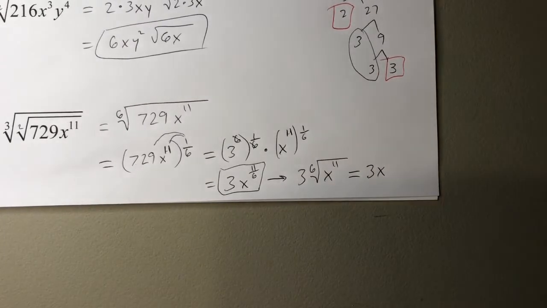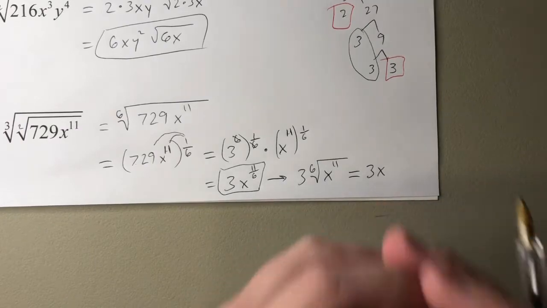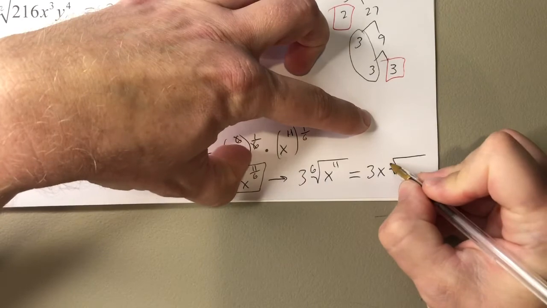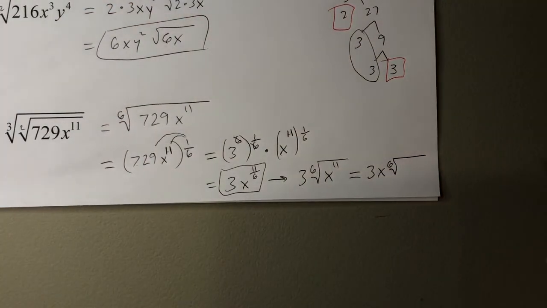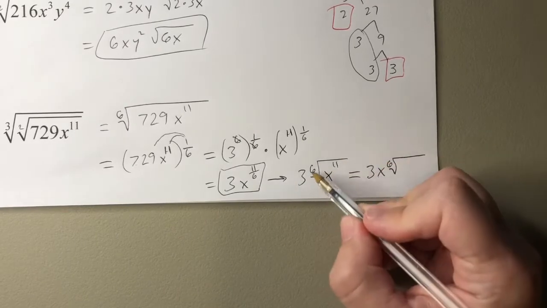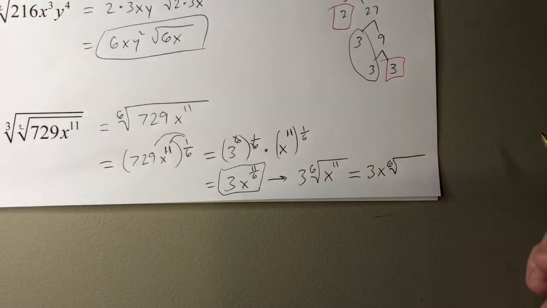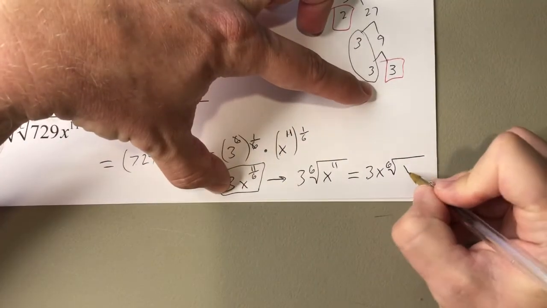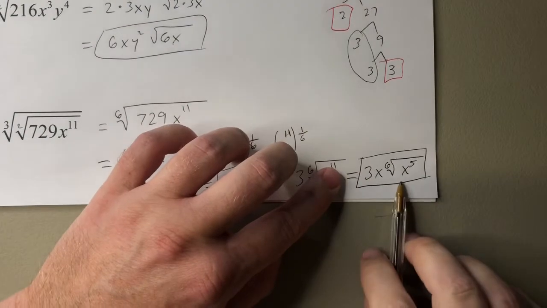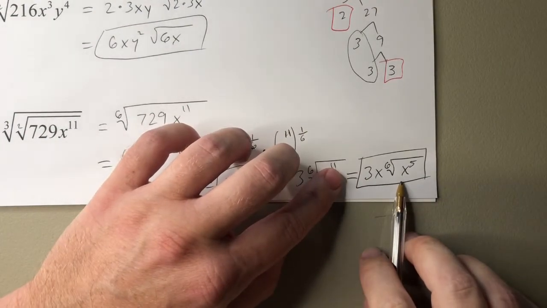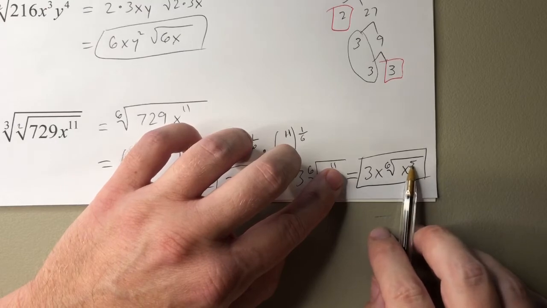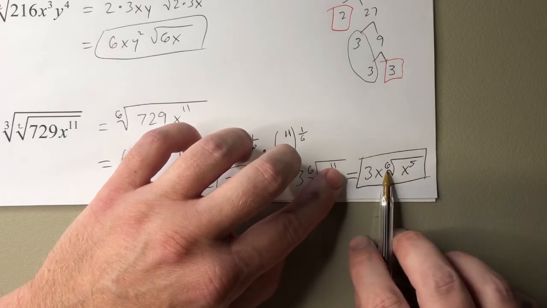One group of 6 x's becomes 1x in front of this 6th root radical. So how many x's do we have left over? If we pulled 6 x's out in front and wrote 1x, you'd have 5 x's remaining. Now we're finished, because this exponent, 5, is less than this index 6.